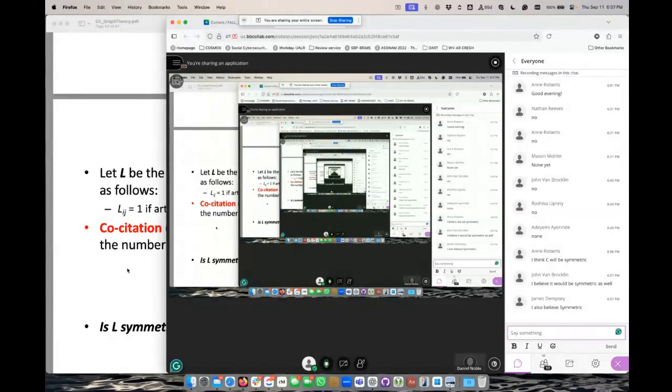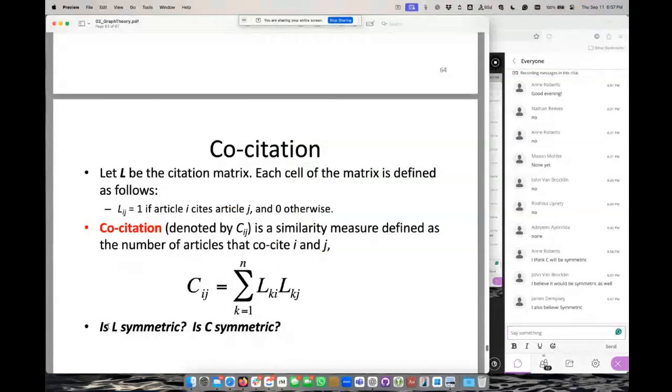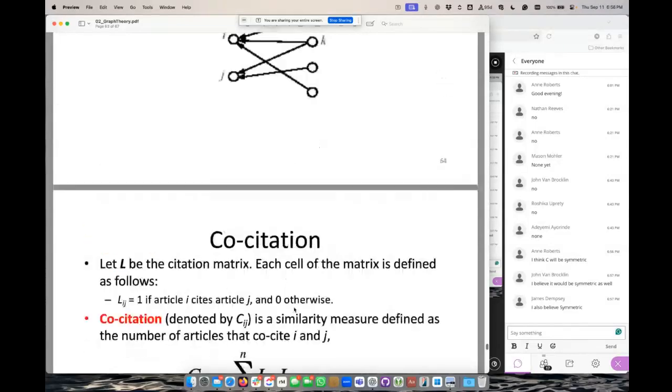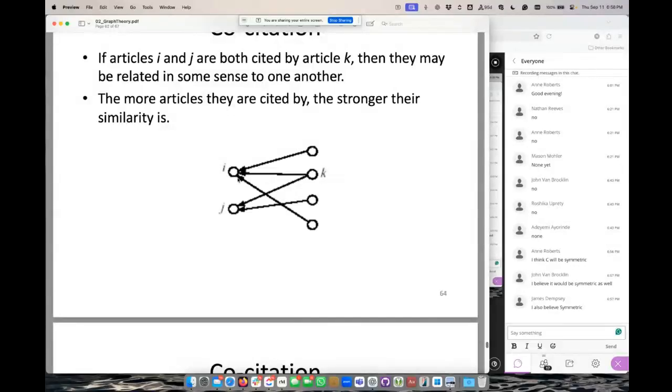Also symmetric. Okay. And knowing the fact that L is asymmetric, right? So the matrix L is asymmetric. We just want to know whether Cij is going to be symmetric. And if you look carefully at this formula, you will be able to know whether it is symmetric or not, because we are trying to find how similar paper I and J are.